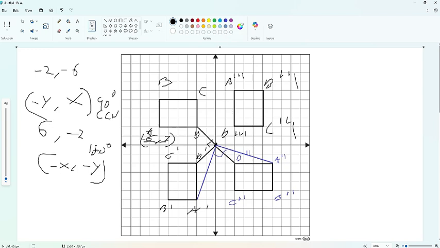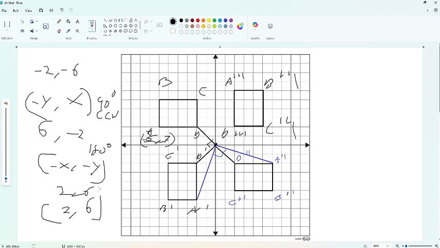It would be 6, negative 2, 2, 2, okay, 2, 6. What is it again? Negative y, x, so negative y, so 2, and x, 6: 2, 6.